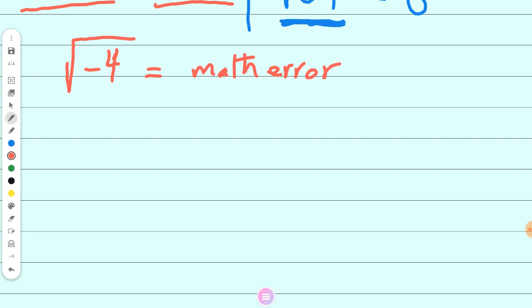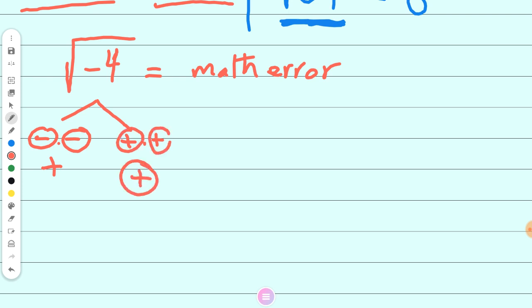Because what number times itself gives us a negative? You never find a negative number times a negative number giving anything but positive, and a positive number times a positive number also always gives positive. So you can't find a square root of a negative number. Never. It's not acceptable. So I don't have any square root for a negative number.